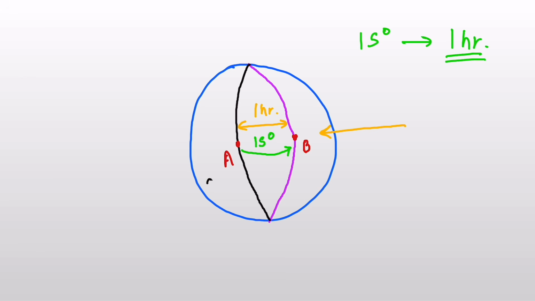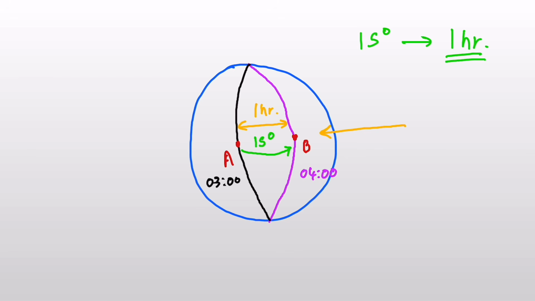So if it is 300 hours at place A, the time at place B would be more than this, which is 400 hours. The gap or the difference will be 1 hour, because the Earth rotated 15 degrees to go from place B to place A.